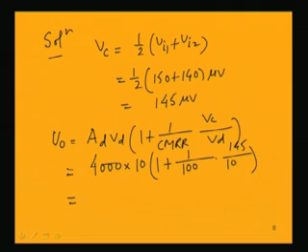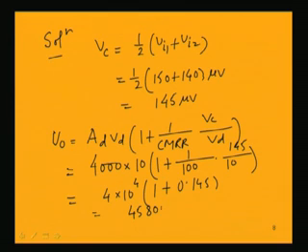So, simplifying this expression to find the numerical value, we now find what this value will be: 4 into 10 to the power 4 within brackets, the denominator is 1000, and 145 by 1000 is 0.145. So, 1.145 into 4 into 10 to the power 4 gives the value of 45800 microvolt.